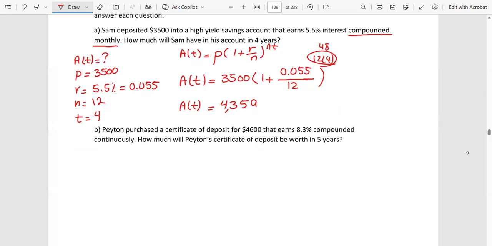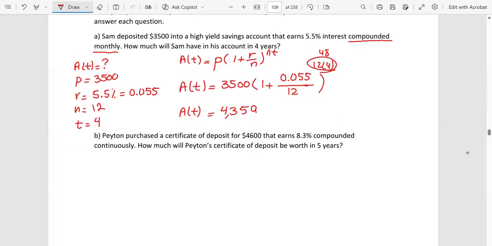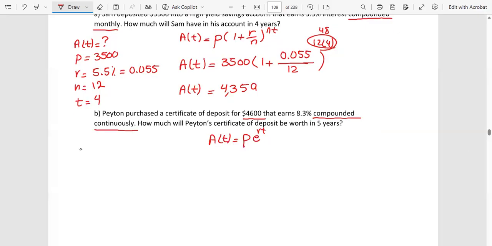Next example, it says Peyton purchased a certificate of deposit, CD, for $4,600 that earns 8.3% compounded continuously. Okay, this word tells me that I have to use the continuous formula. And based on this formula, I need to have this information: A of T, P, R, and T. How much will Peyton's certificate of deposit be worth?